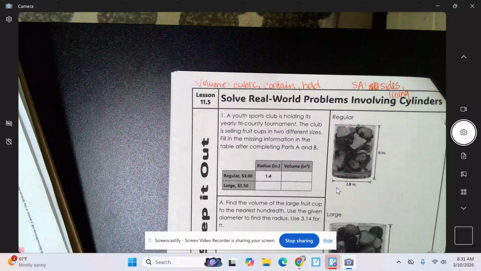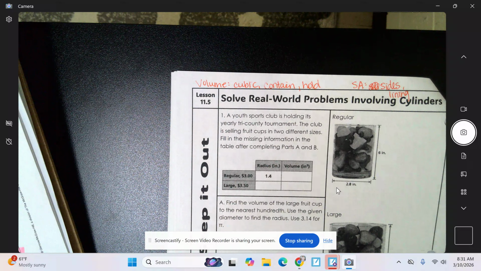If you've ever baked a cake and lined the cake pan with parchment paper, or a spray or flour, you line the walls with it, that's surface area. But when you pour in the cake batter and fill it up, that's volume. So there's the difference between the two.